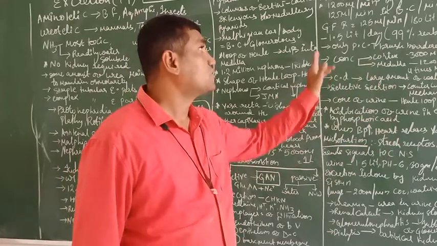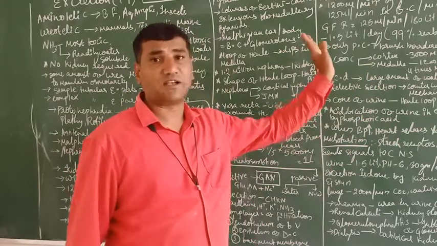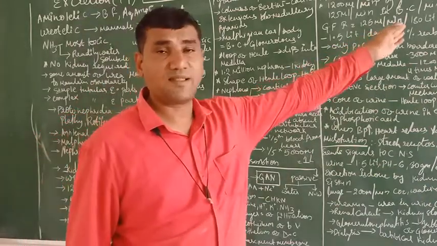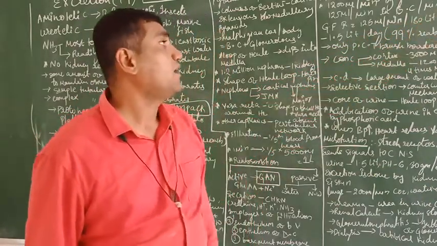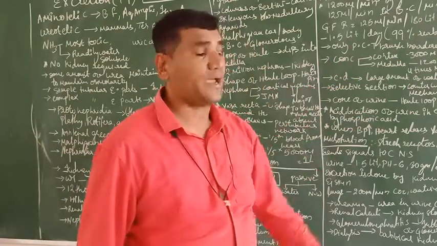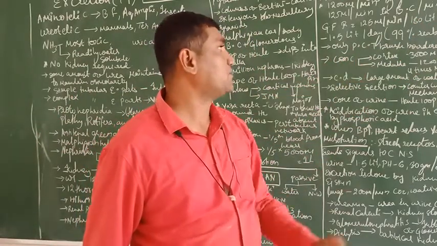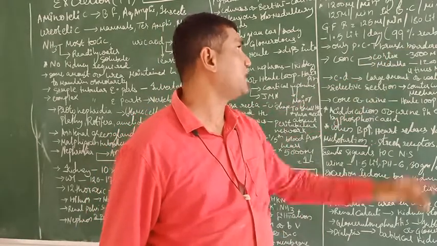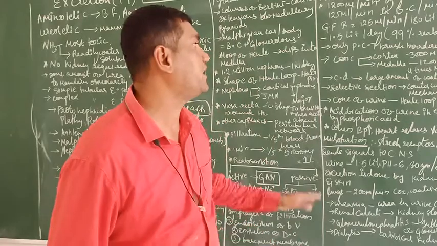So your glomerular filtration rate, already we know, is 125 ml per minute, that is 180 liters per day, and generally 99% of the filtrate is reabsorbed. And only in the proximal convoluted tubule there are brush border cells, which is a very important point, mostly asked many times.